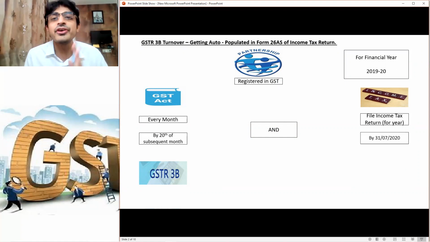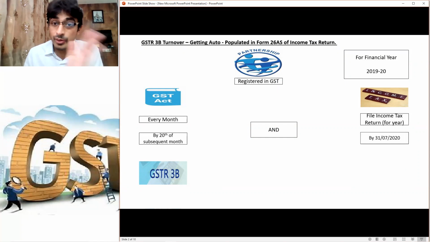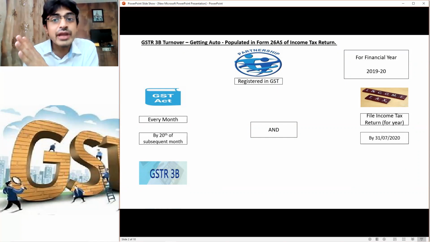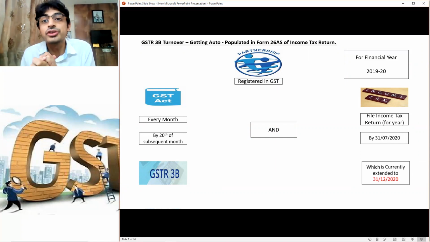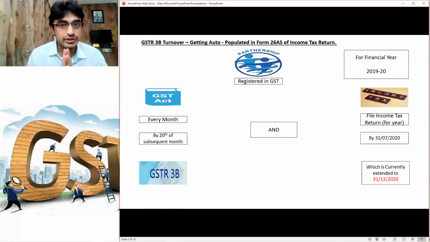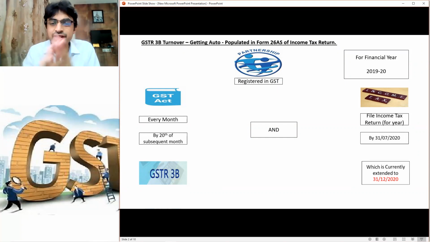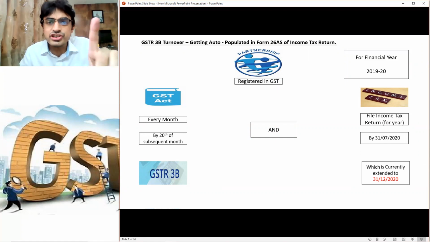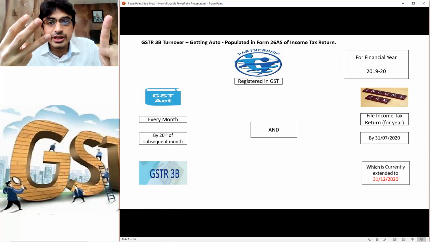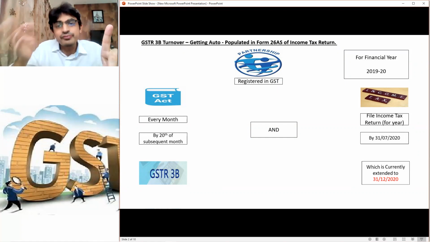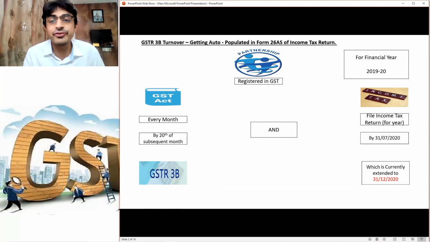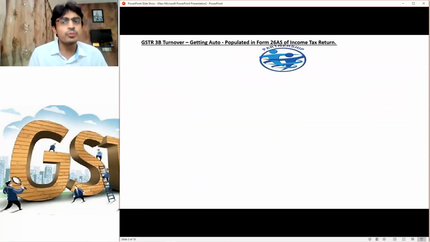By when? 31st of July 2020. But because of COVID, this income tax return is extended till 31st of December 2020. Clear? So every registered person has to file this monthly GST returns, GSTR 3B, and under Income Tax Act, it will file income tax return by 31st December 20. This is fair, no problem.